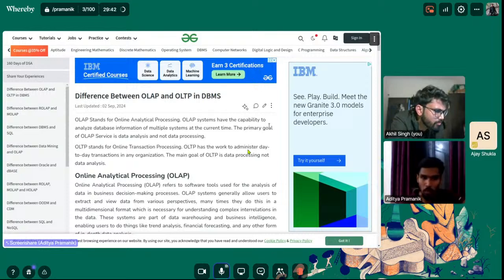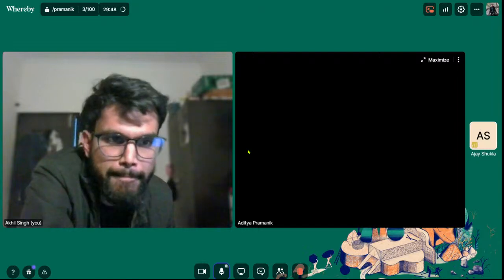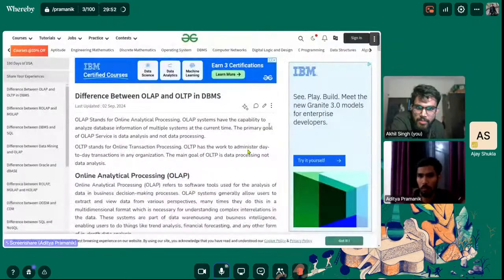And on the other hand, in OLAP the data volume is very huge, and we are processing that huge data to get some insights, to draw some conclusions with that data. So that is a very high level difference of the OLTP and OLAP databases, I think we can assume.